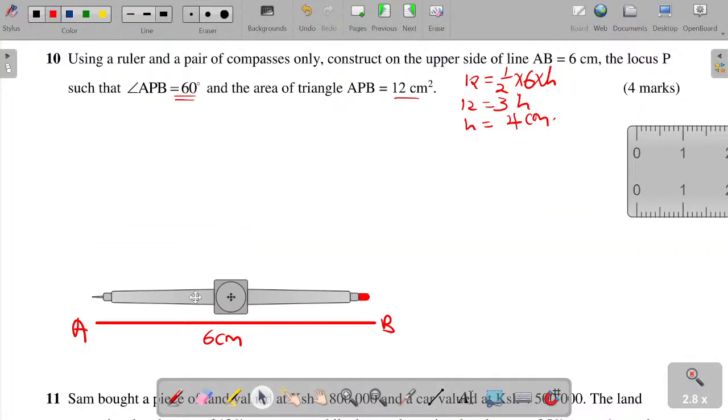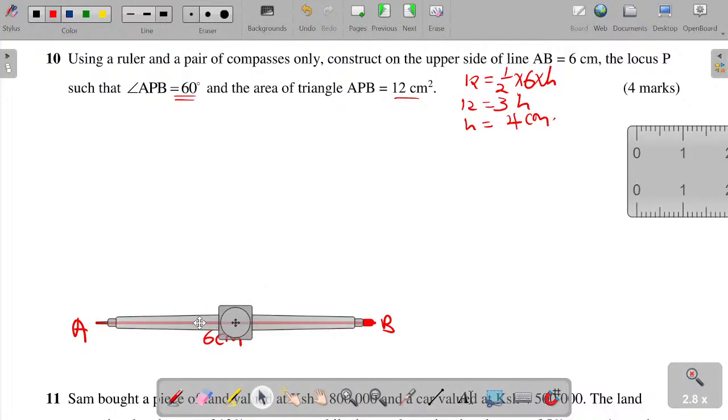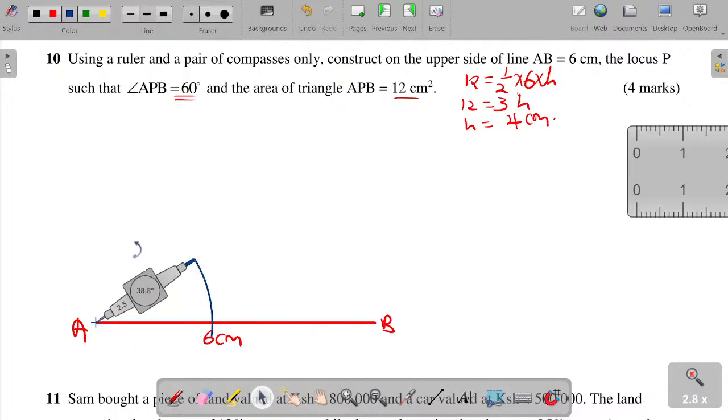I'll come with my compass and stand at point A. Once I stand at point A, let me adjust the length of my compass, rotate it a bit, then transfer my compass to this arc.